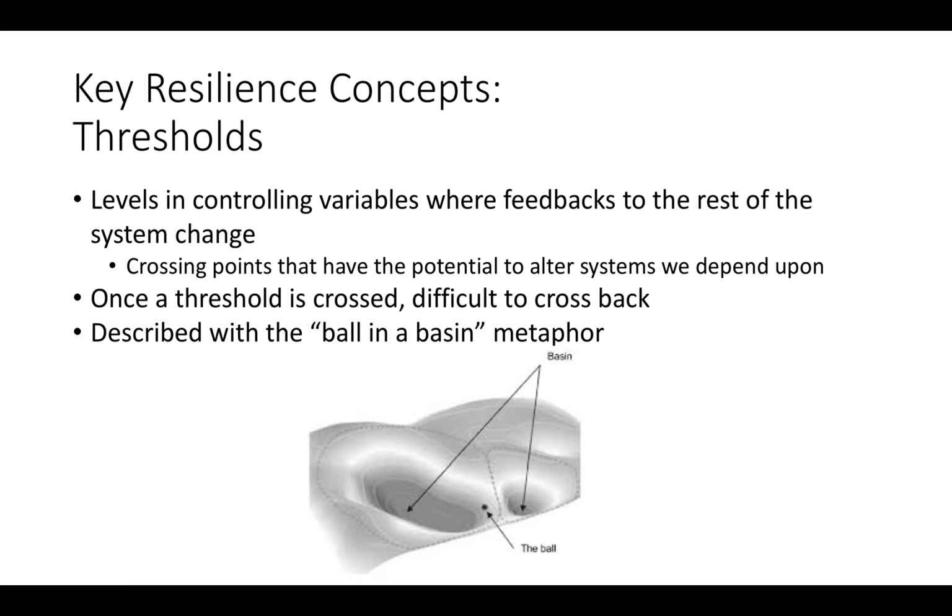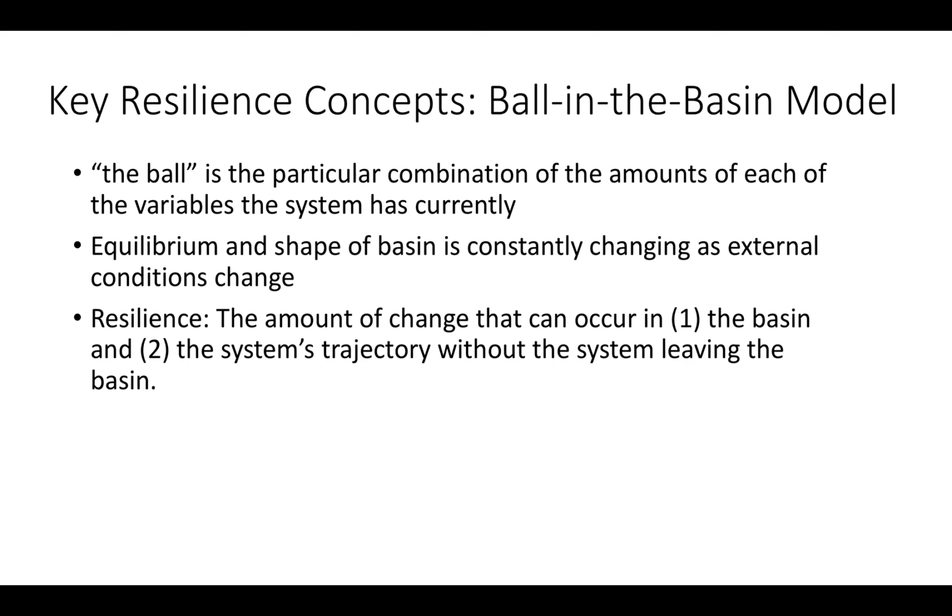The ball will move around the basin within some sort of equilibrium until the system variables change enough, or the basins themselves change, flatten out, move, and push the ball into a different basin of attraction. So the ball is the particular combination of the amounts of each of the variables the system currently has.